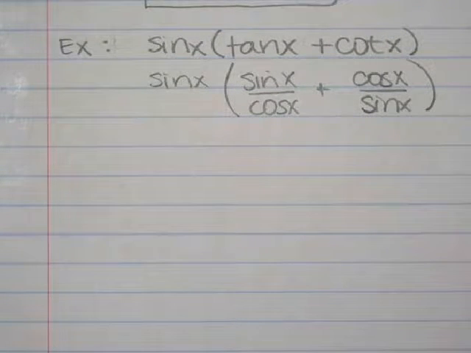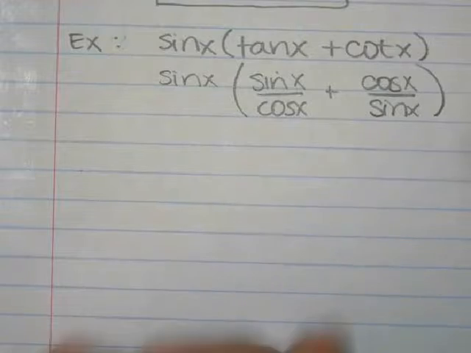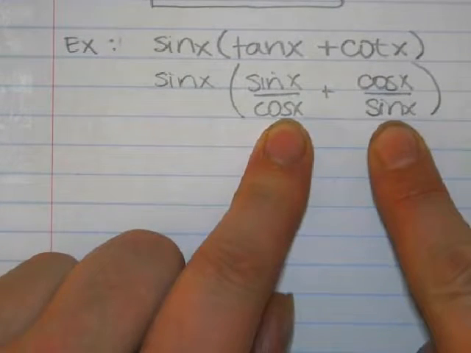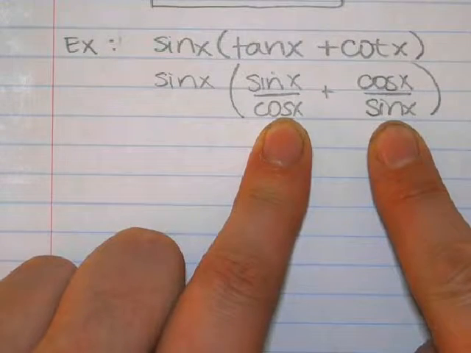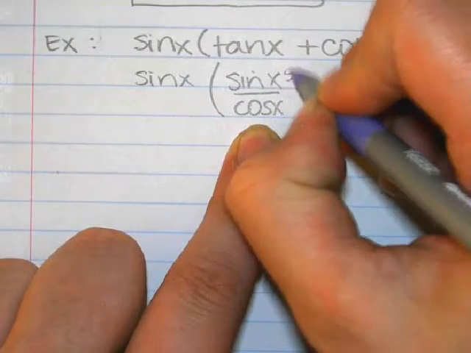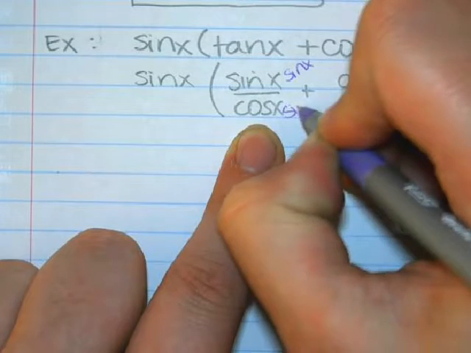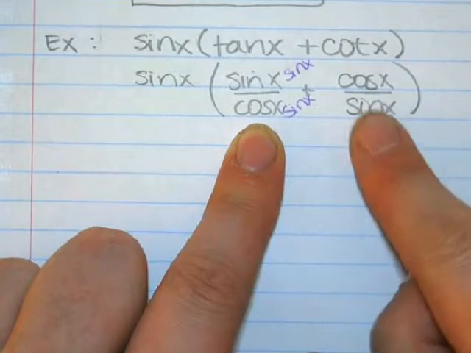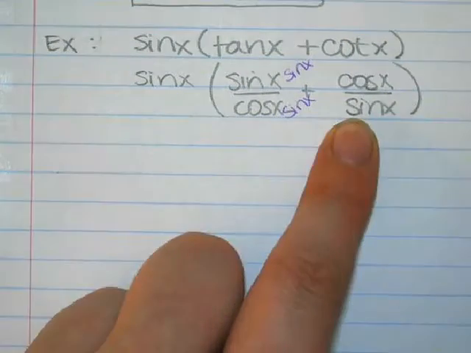Common denominator? Okay. So anytime we do these problems, we're just thinking algebra. What would algebra tell us to do? So if this one is cos and this one is sine, then what's our common denominator? Cos and sine, right? So this one has a cos, it needs a sine. This one has a sine, so it needs a cos.